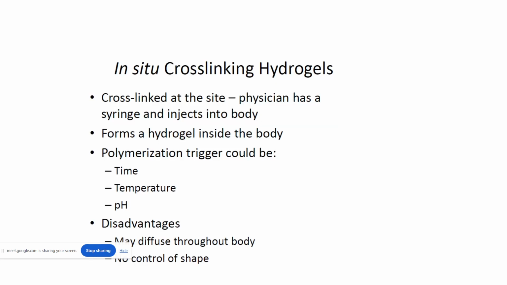It's in situ cross-linking hydrogel. So basically here the gel forms at the site after injection, and the trigger of polymerization could be either time, temperature, or pH. But the main disadvantages associated with this is it may diffuse through the body if it hasn't gelled properly, and there is no control of shape.